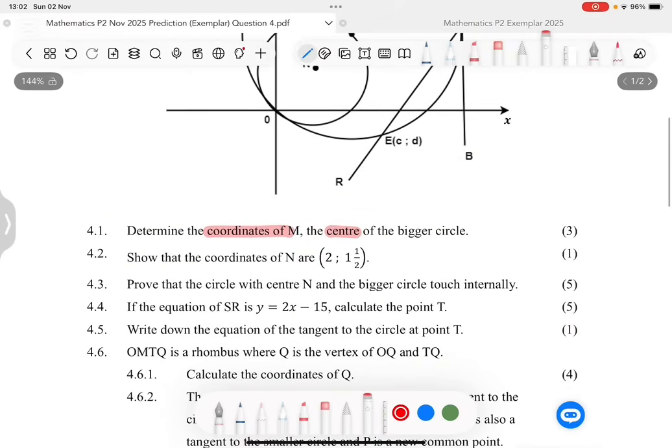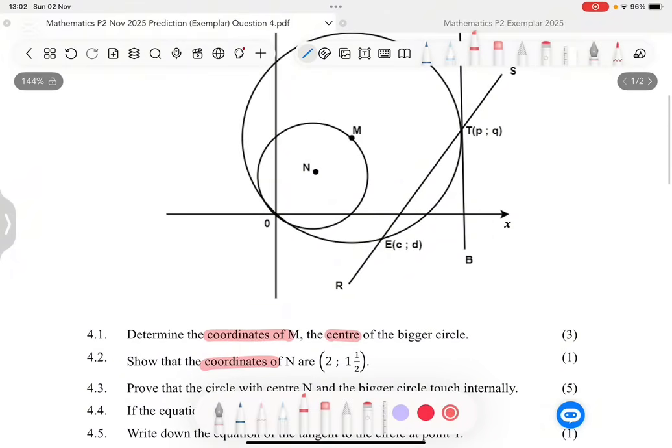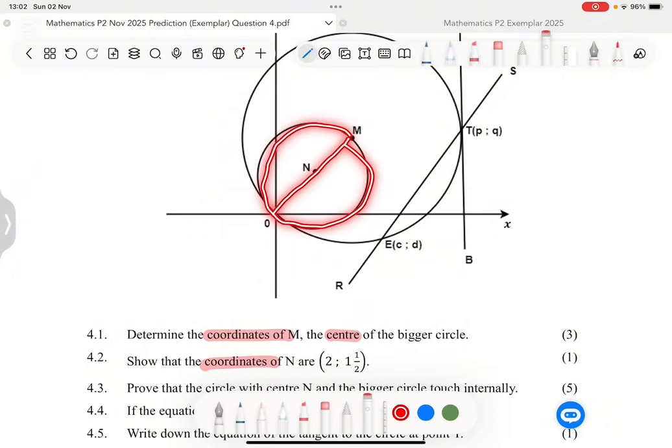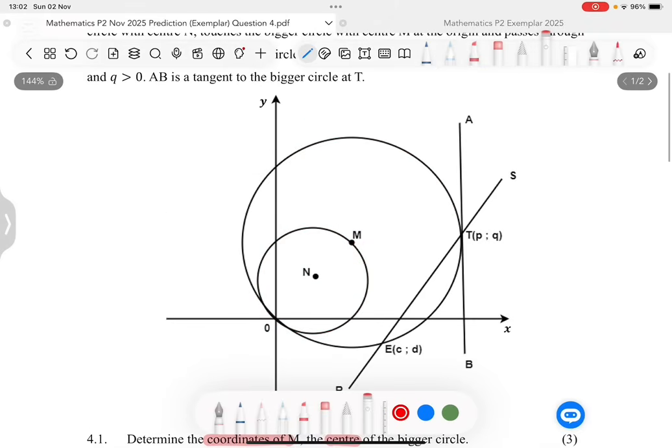The next question says to us, show that the coordinates of N are 2 and 1.5. So we want to show that these coordinates here are given by that. Now remember, I said the diameter of the small circle is actually the radius of the big circle.